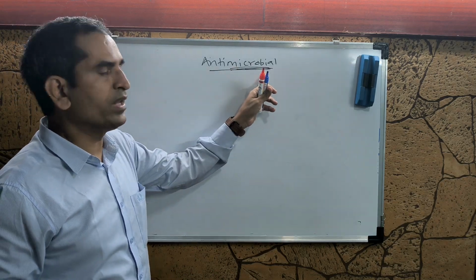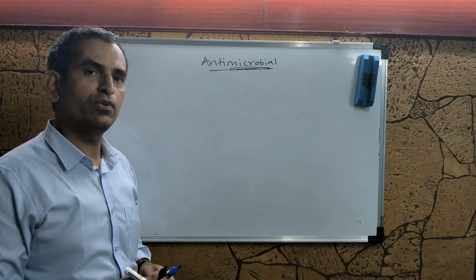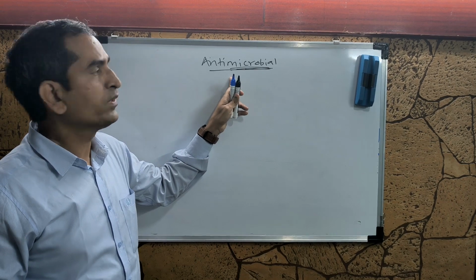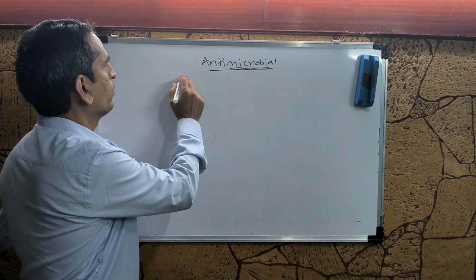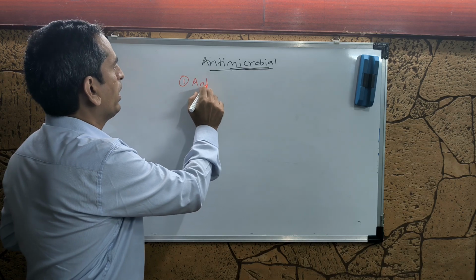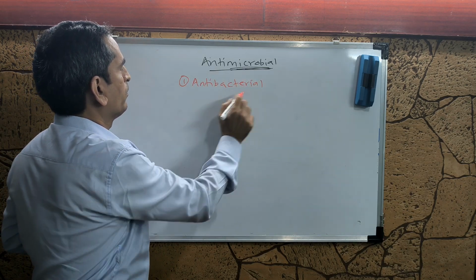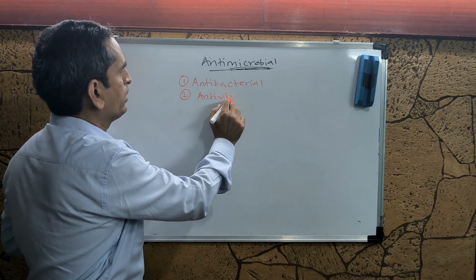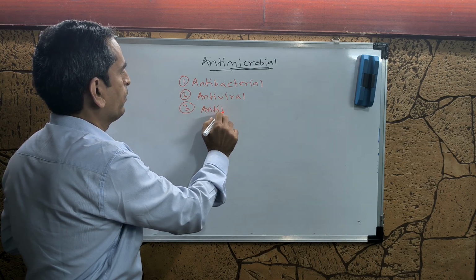When I say microbial infections, there are different types of microorganisms, and based on which type of microorganisms these agents are used for, the antimicrobials can be classified into different types. One, there could be antibacterials, there can be antiviral agents, there can be antifungal agents.